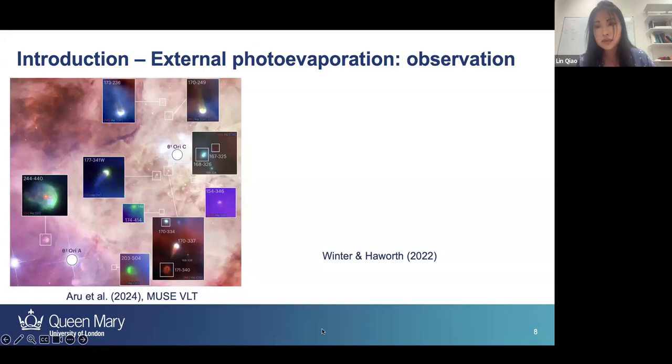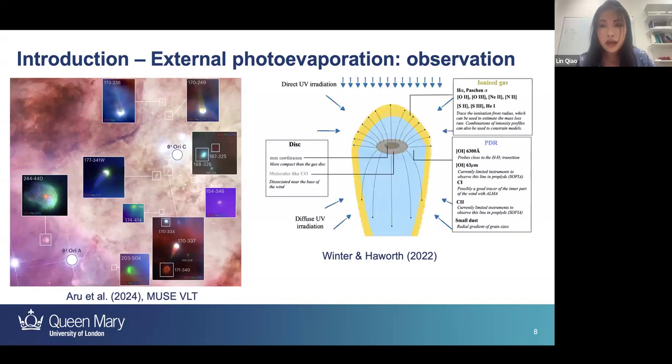These are some examples of very nicely spectrally resolved images of proplyds in the ONC from MUSE on the VLT. And on the right-hand side is a cartoon of the anatomy of a proplyd. In this case, the radiation source would be coming from the top of the page, giving off radiation that reaches the disk surface. A neutral PDR wind is launched by the FUV radiation penetrating all the way to the disk surface.